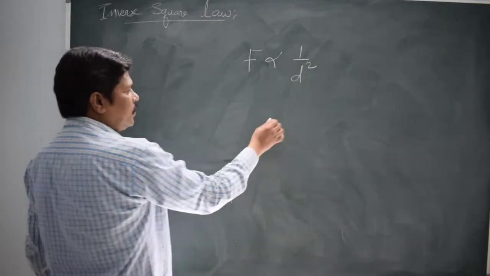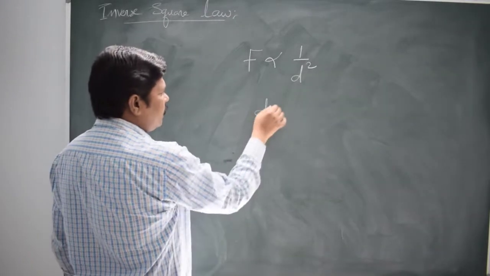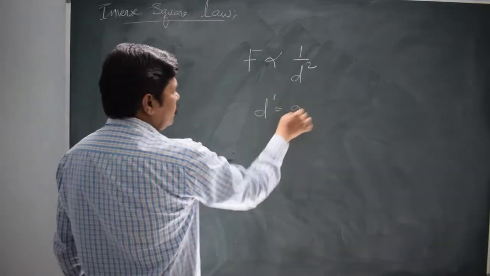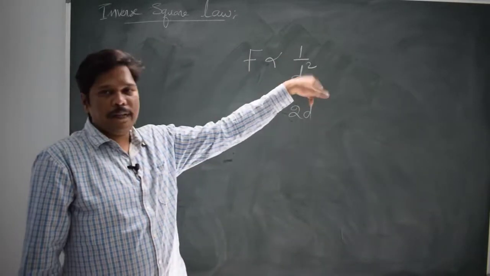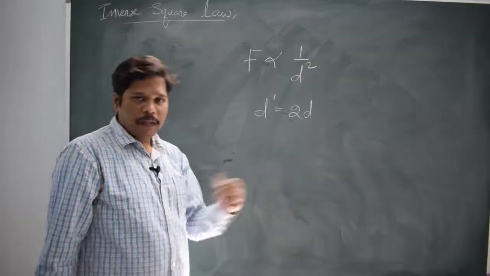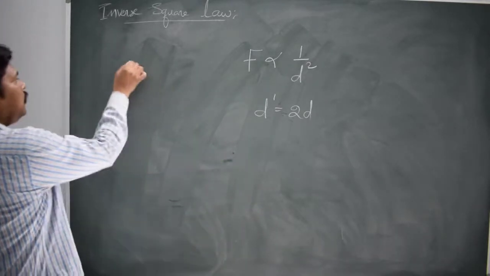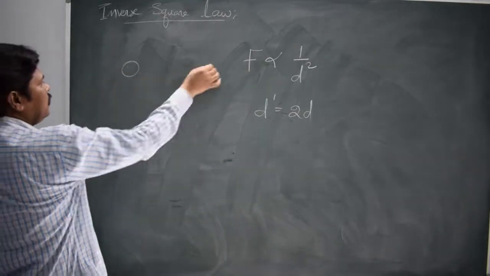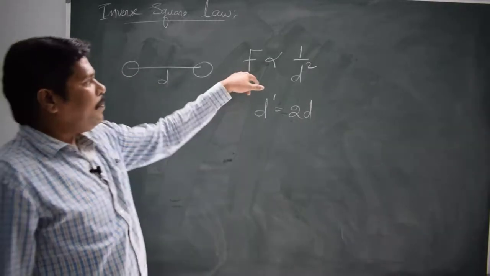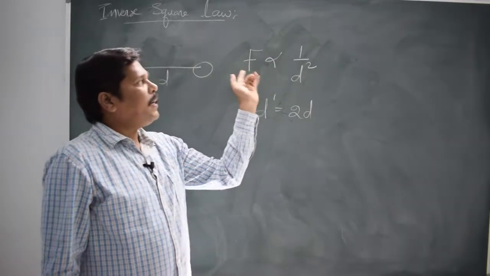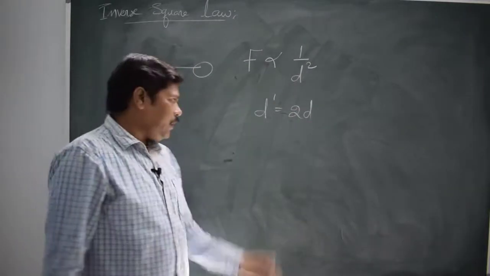When the distance between the two bodies is doubled, the force changes. Let me take an example: two objects are separated by distance d. For this we are going to make a relation: the force of attraction between them is proportional to 1 by d square.